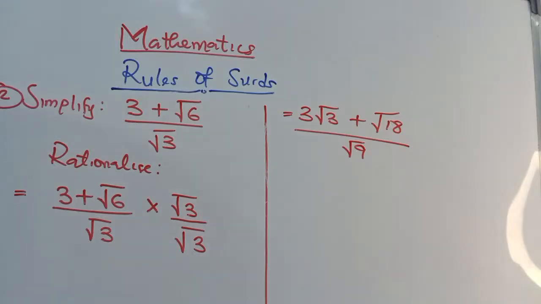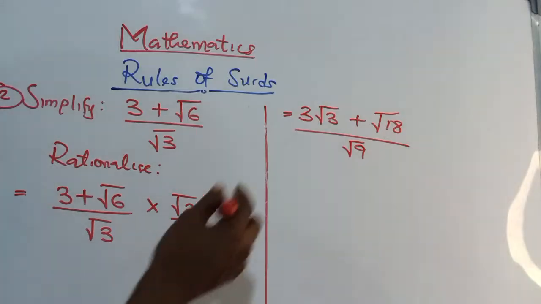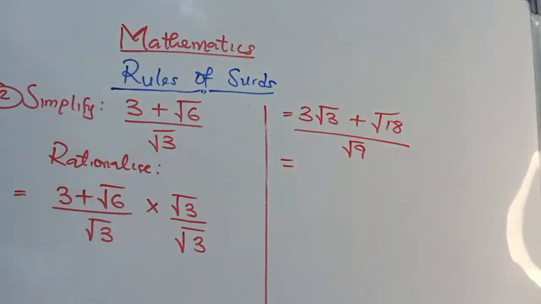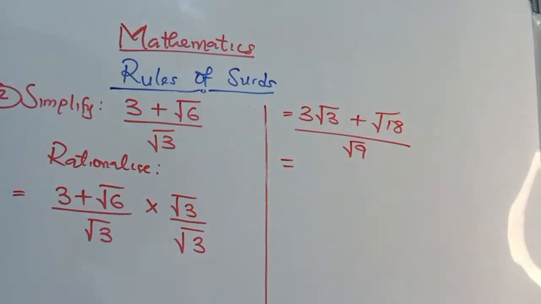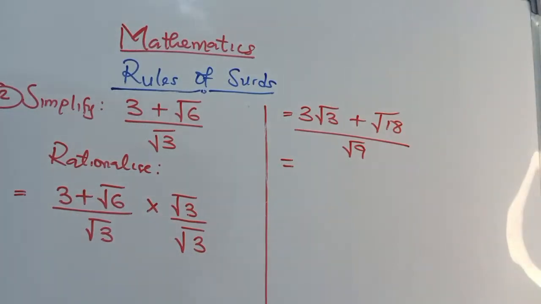We can split this 18, writing the factors of 18 such that one of the factors is a perfect square number, which is 9 times 2. 9 times 2 will give us 18, right?